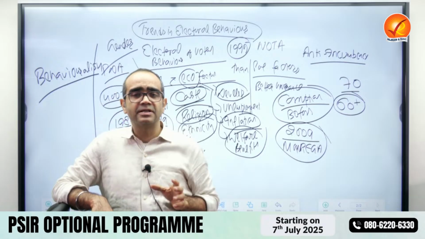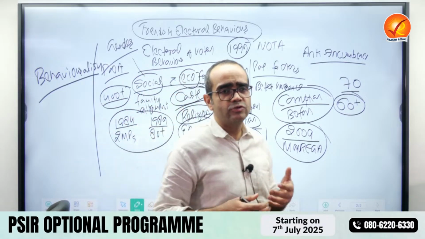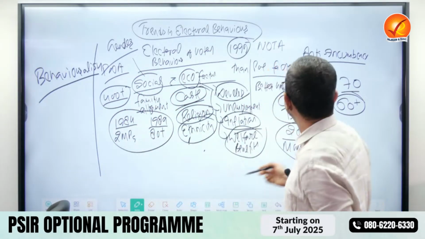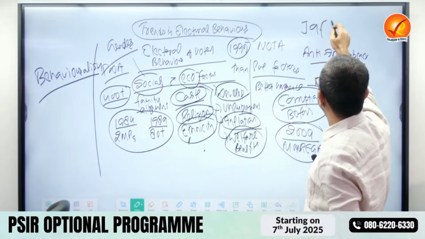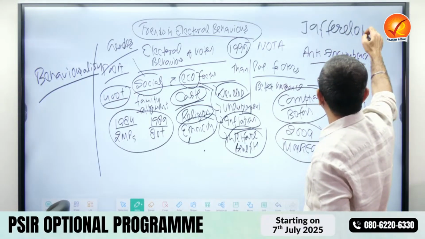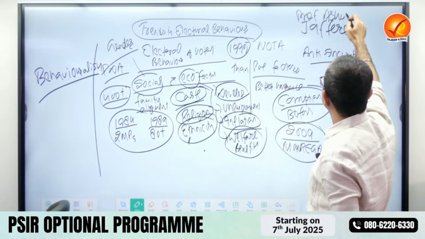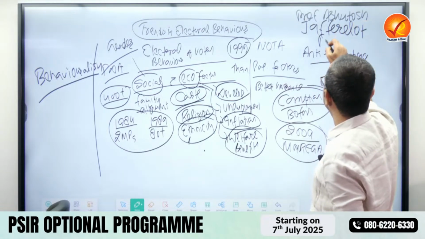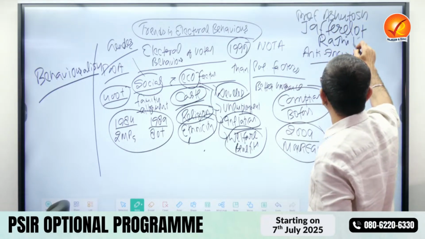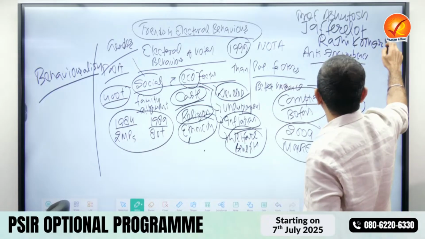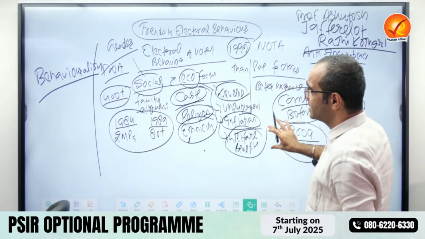And if you see the material, in material I've included views of various experts. For example, Christopher Jaffrelot. For example, Professor Ashutosh. For example, there will be Rajni Kothari. So Jaffrelot had repeated this statement.